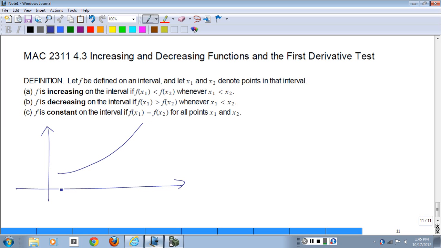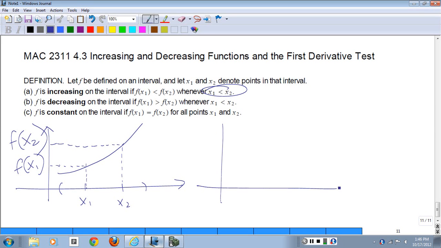So the interval, I'll just say, is the interval I, and if we pick an x sub 1 and an x sub 2 in that interval, and we evaluate the function at x sub 1 and at x sub 2, with x sub 1 to the left of x sub 2, then whenever x sub 1 is less than x sub 2 results in a function value for x sub 1 that's less than the corresponding function value for x sub 2, we say f is increasing on the interval. X values increase, y values also increase.